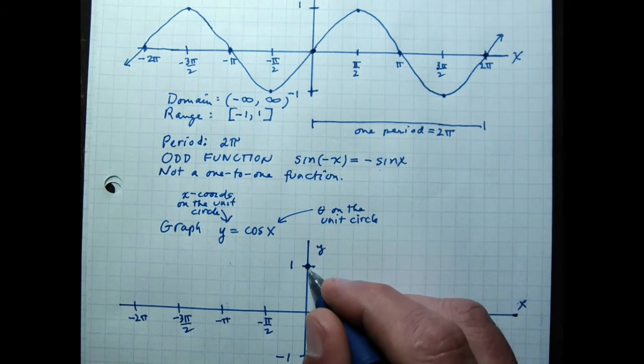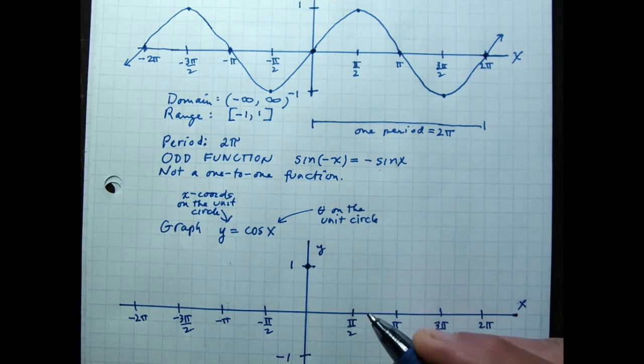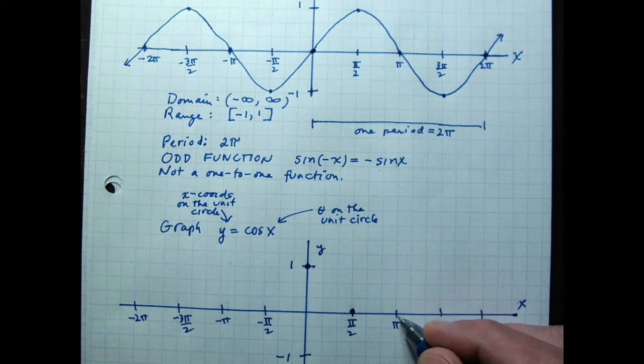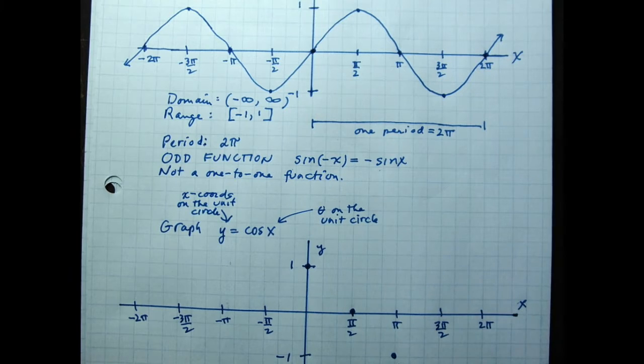The cosine graph passes through 0, 1. Cosine of pi over 2 is 0. Cosine of pi is -1. Again, the x-coordinate on the unit circle is -1. That becomes a y-coordinate here, and I think I went down too far.